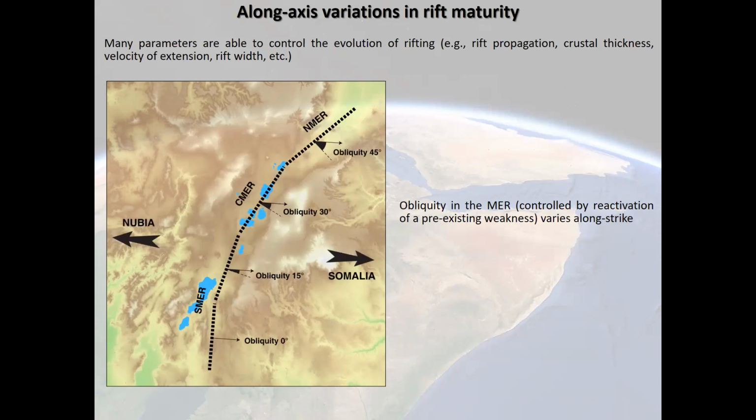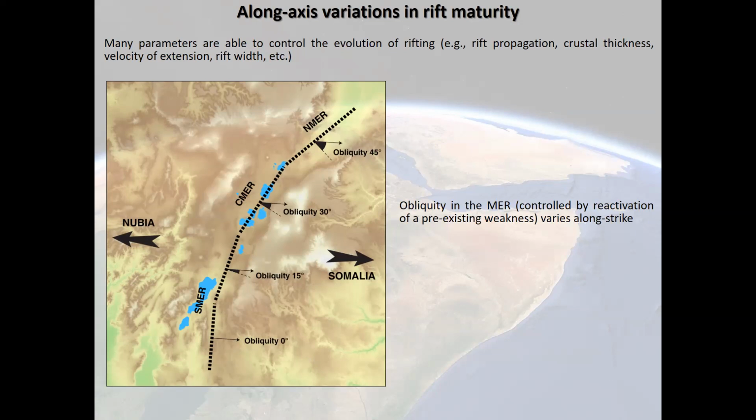Of course, many different parameters can control the evolution of rifting, and in principle this along-axis variation. We have parameters or processes such as rift propagation, different crustal thickness, different velocity of extension, width of the deformed zone, and so on.